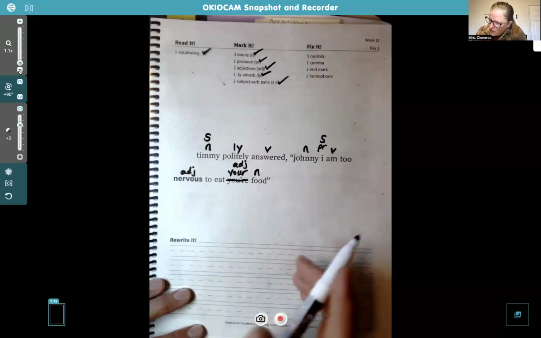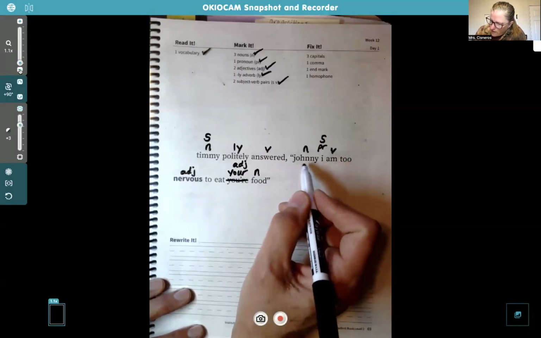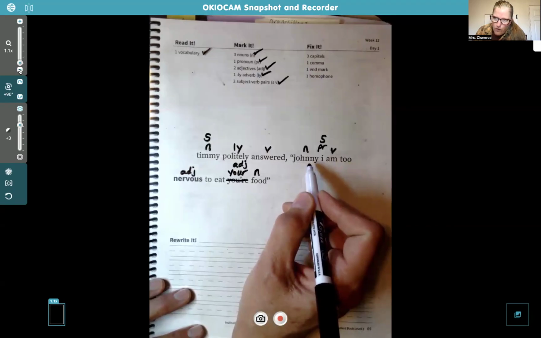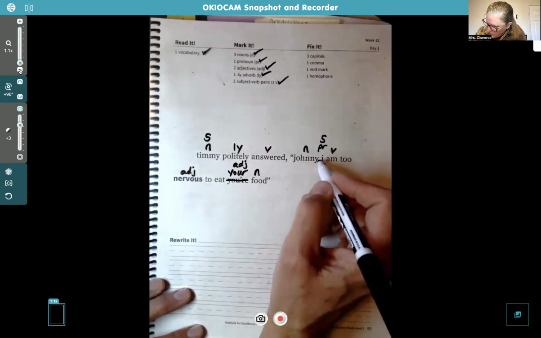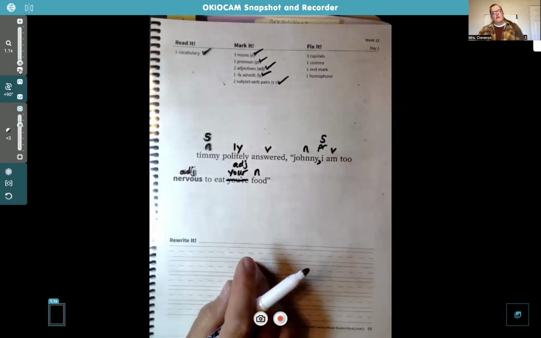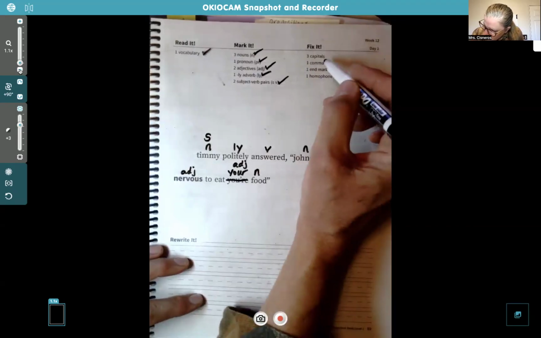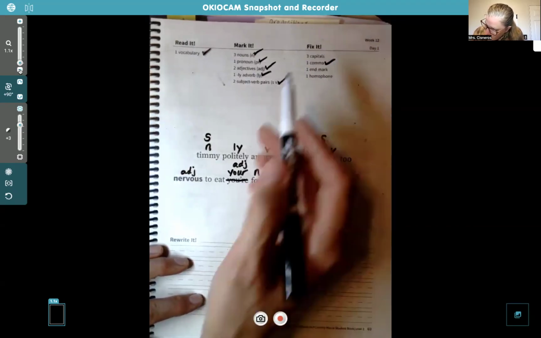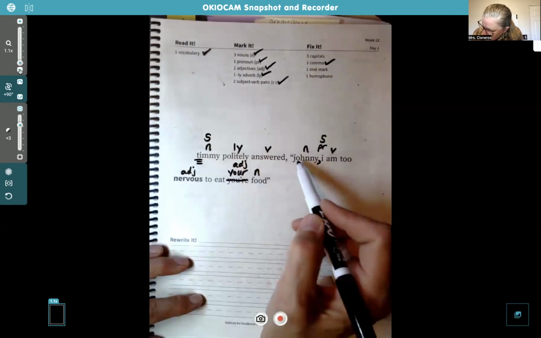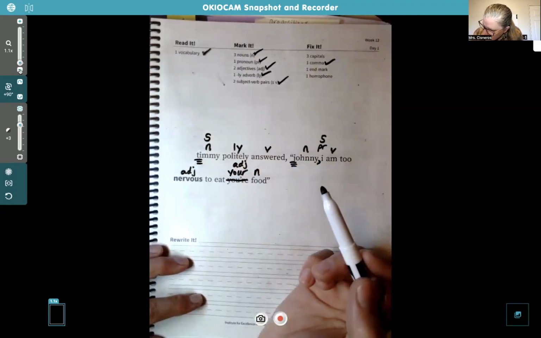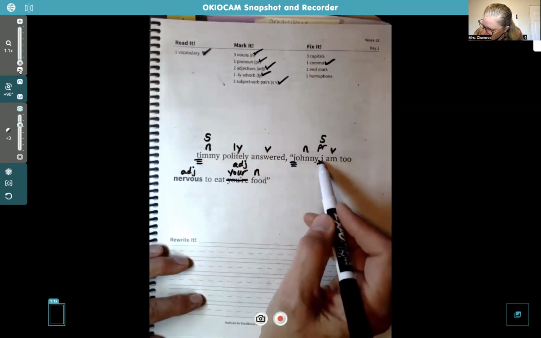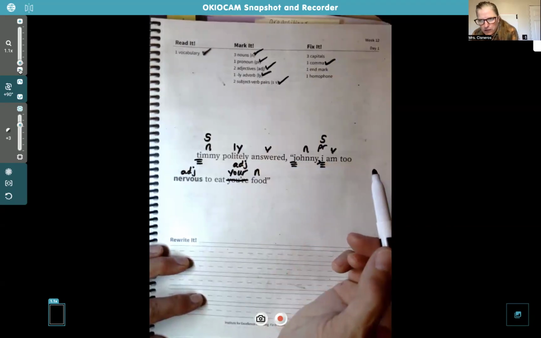All right, I want to jump over here to this noun of direct address. Remember the rule about the commas. So we need to put in a comma after Johnny because that's who Timmy is speaking directly to. So that is the noun of direct address. I'm going to put a check by comma. And then your capitals, Timmy, Johnny, and then the pronoun I by itself always needs to be capitalized.